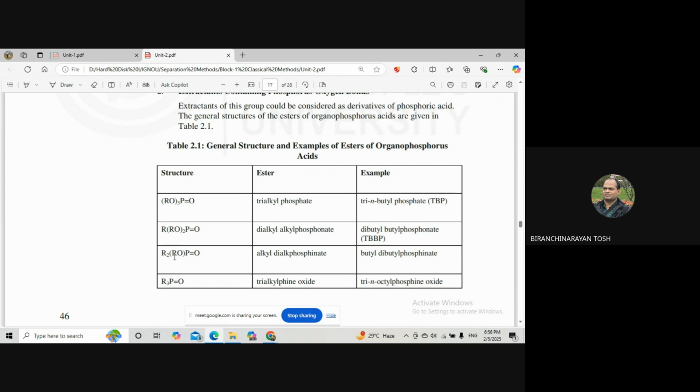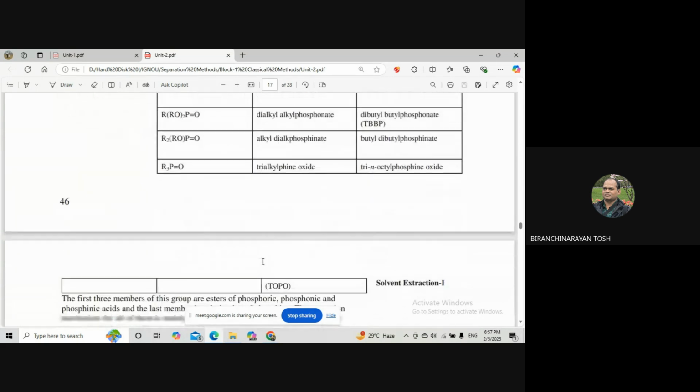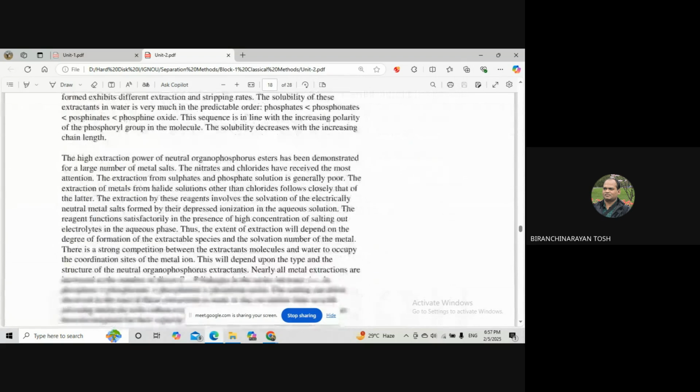So there is one phosphorus-oxygen bond which is substituted by three alkoxy groups, two alkoxy and one alkyl, one alkoxy and two alkyl, and three alkyl. So depending upon which one, we can give an idea of the solvent extraction.